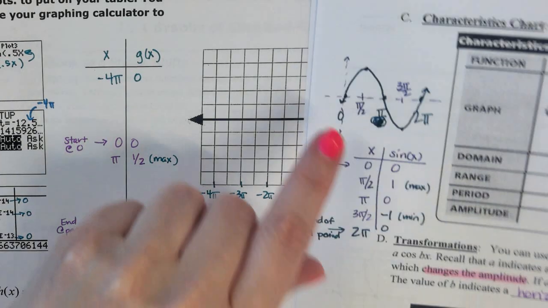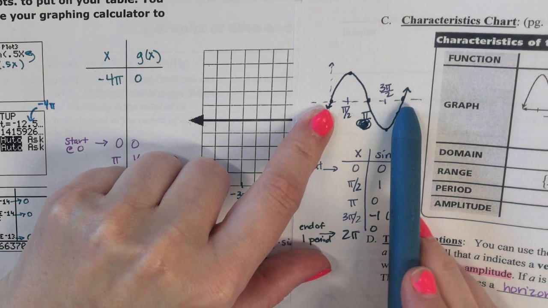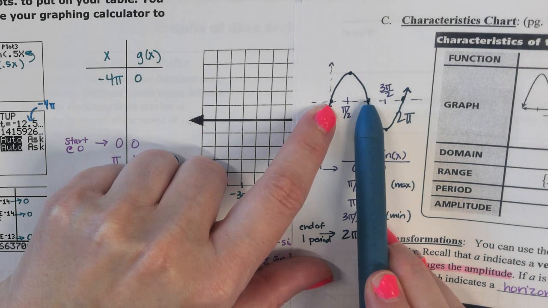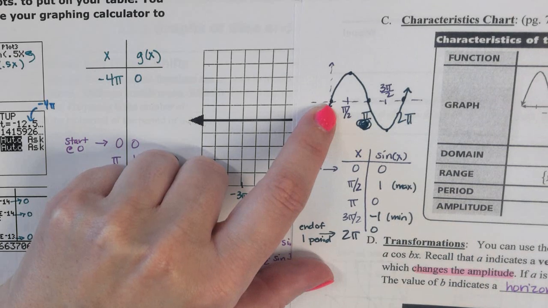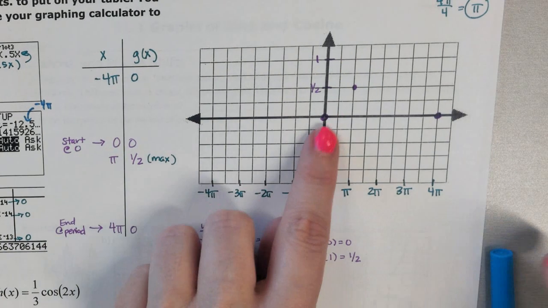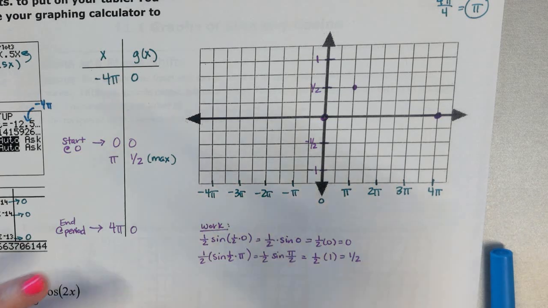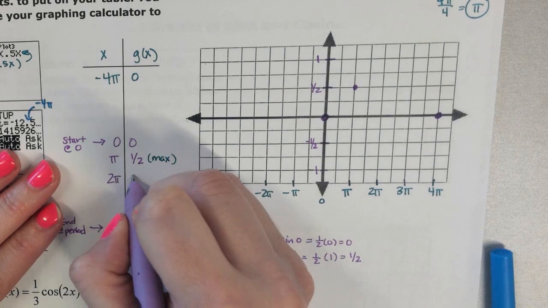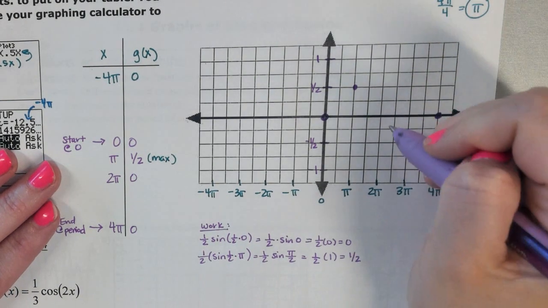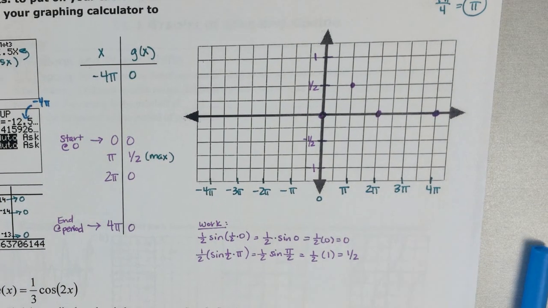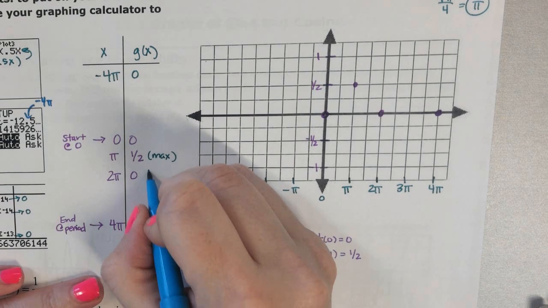When it comes to sine, you start at 0, you end at 0. What happens halfway? You're at 0. So what's halfway between 0 and 4 pi? So at 2 pi, where am I? 0. So you could just put your point there. Okay, so this is the halfway.